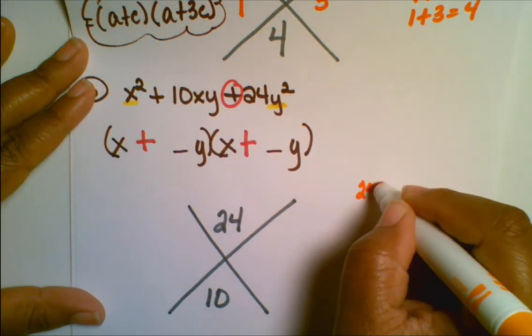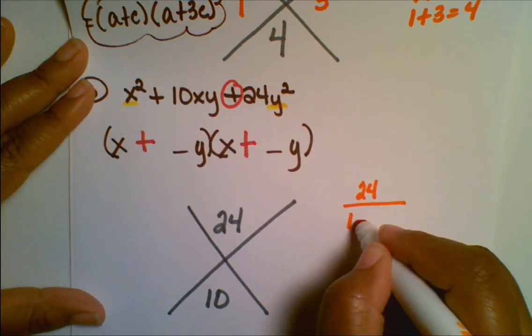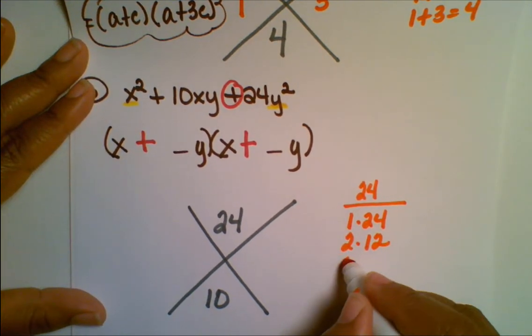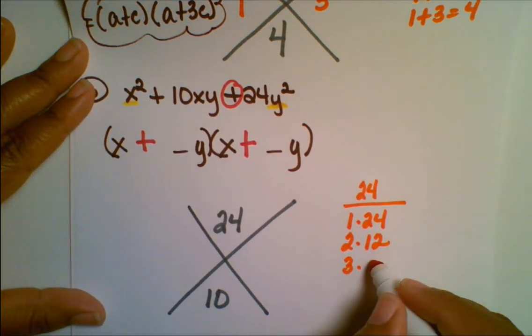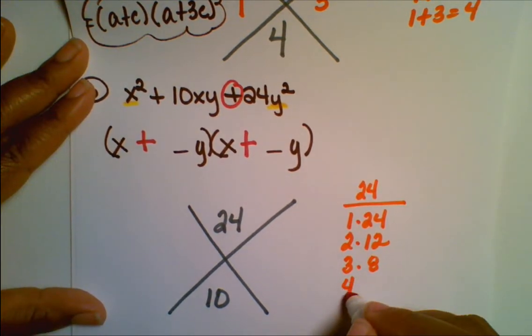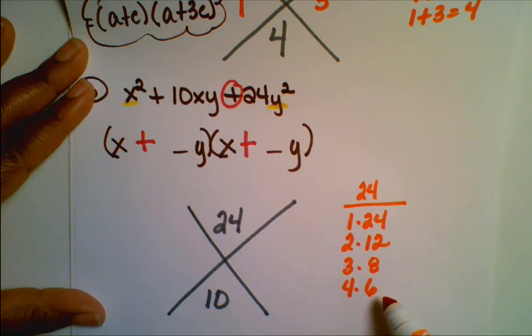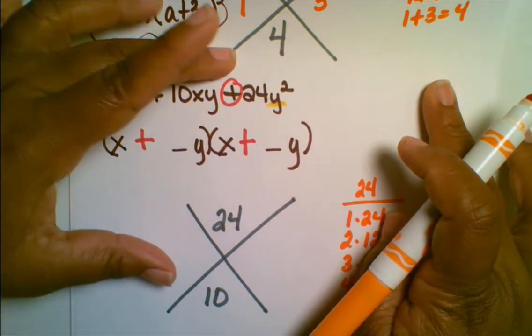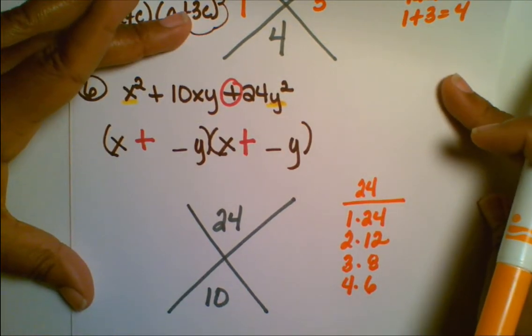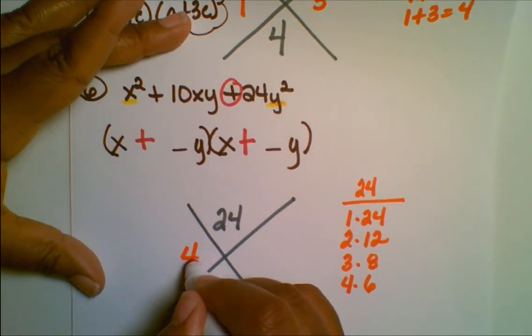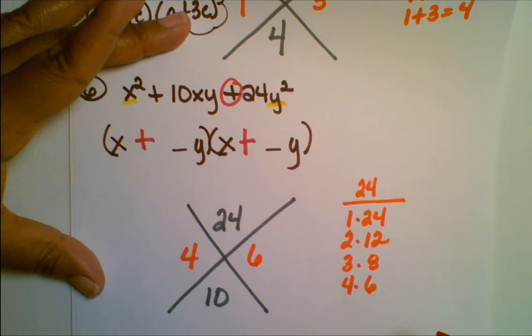Here are all the possible factors of 24. 1 and 24, 2 and 12, 3 and 8, and 4 and 6. Which set of numbers, when we add them together, will give us 10? 4 and 6.